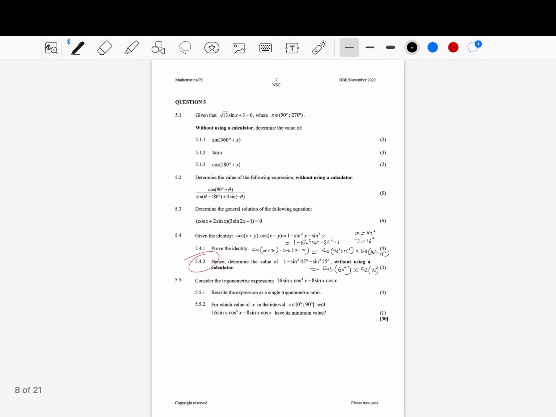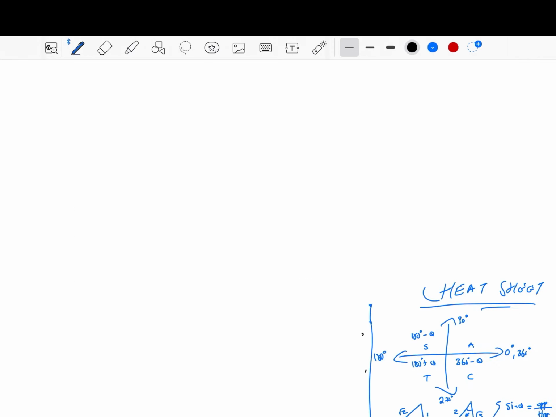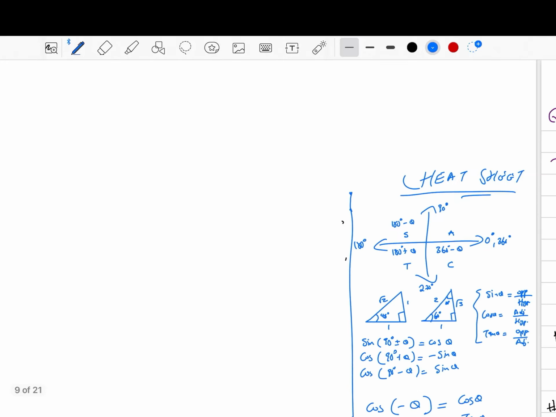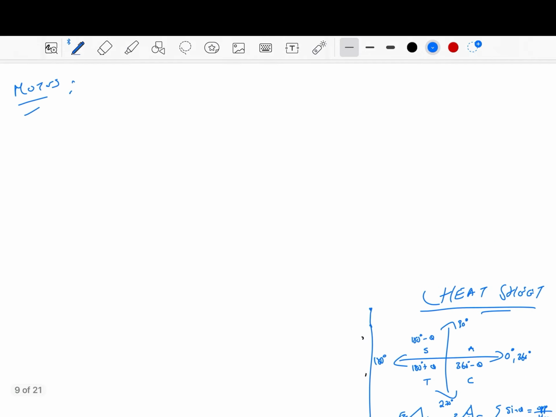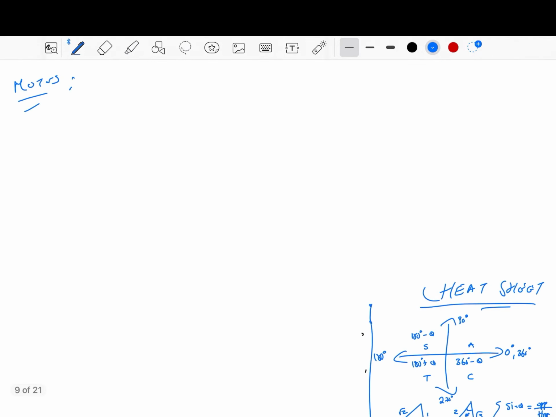Alright, so I'm going to give you notes before we start. I'm not including our cheat sheets, but I'm going to include our notes because it's something you need to remember. And this is also given on your formula sheet if you're writing your exam, so don't worry about this.